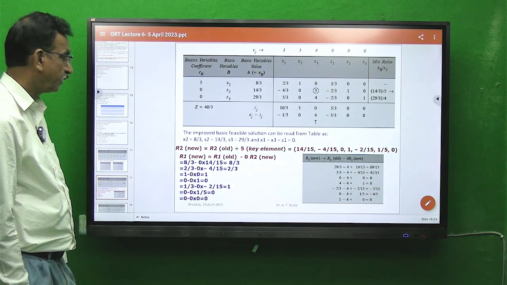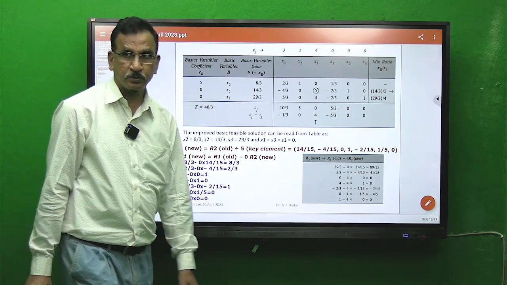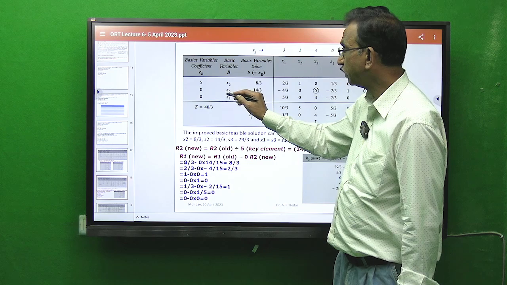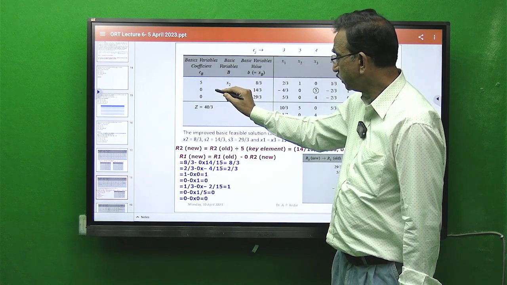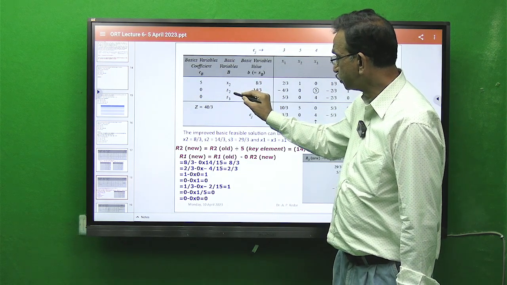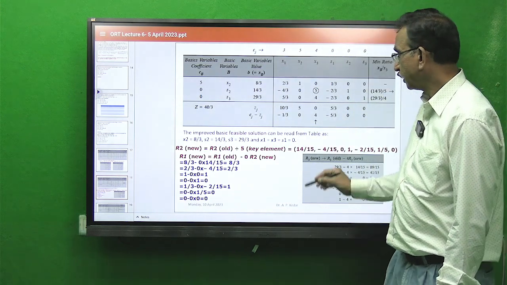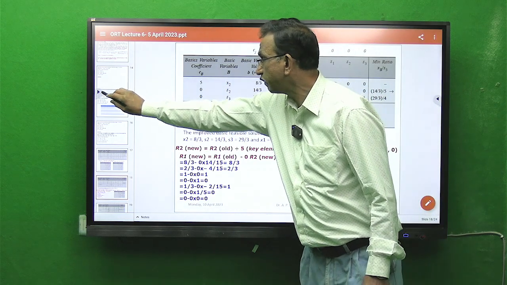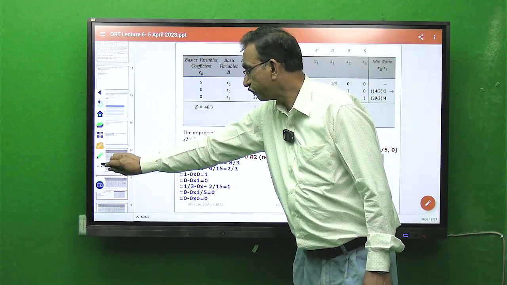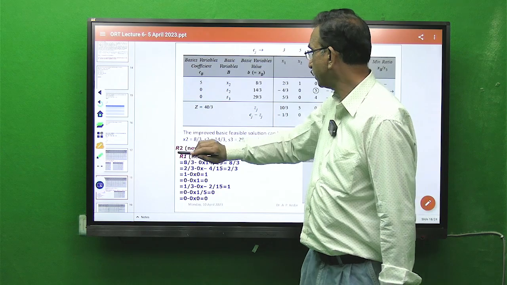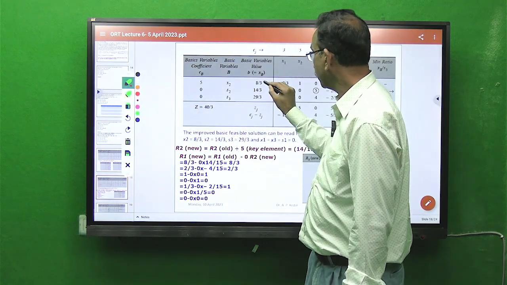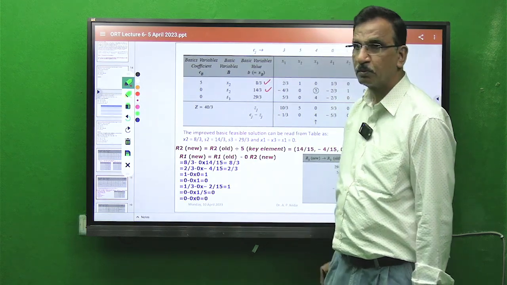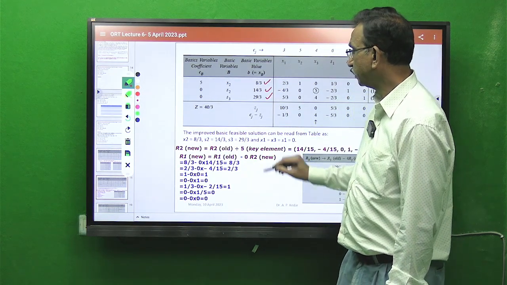See here, this table we got by doing the same logic. What is that? x2, s2, s3, and the values are, for x2, 8 by 3, for s2, 14 by 9, and for s3, 29 by 3.